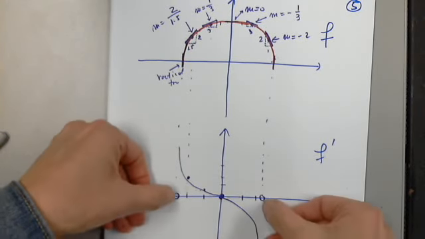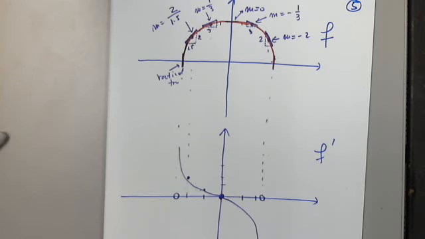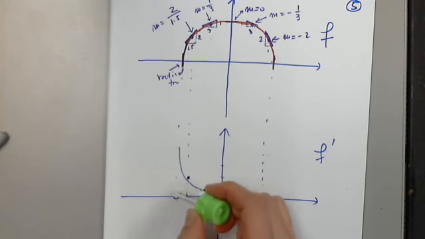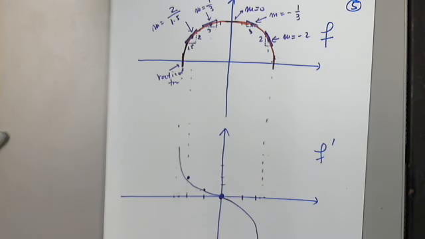Of course, this is not part of the graph. I don't want to confuse you. I just wanted to show that the derivative is not defined at those points. Okay, so this is how we determine the graph of a derivative function for a given function.